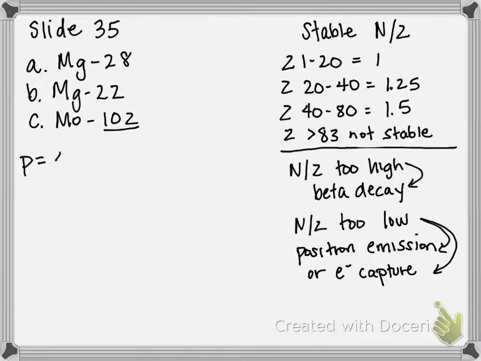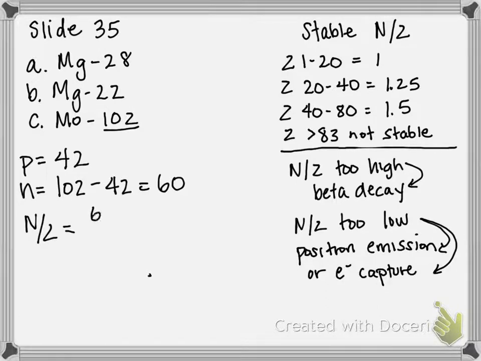To figure out the number of neutrons, it's 102 mass number minus the number of protons, which equals 60 neutrons. To figure out our N over Z, we take neutrons over protons to give us 60 over 42, which is 1.43.